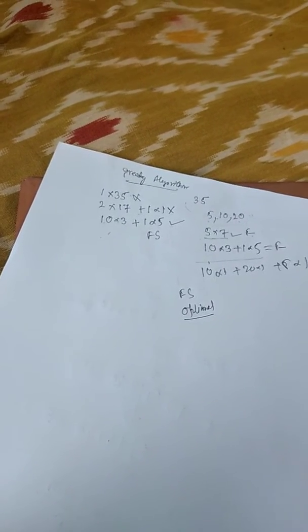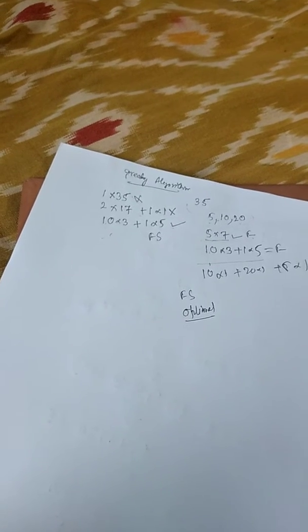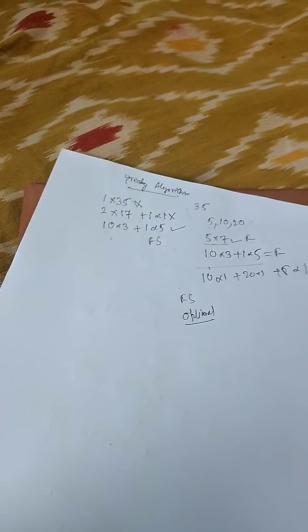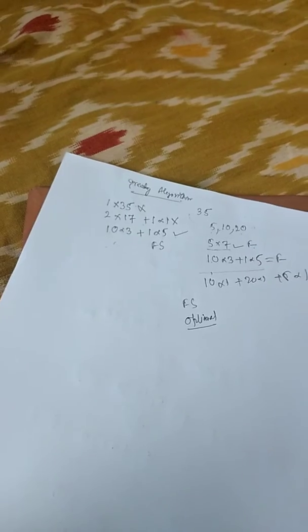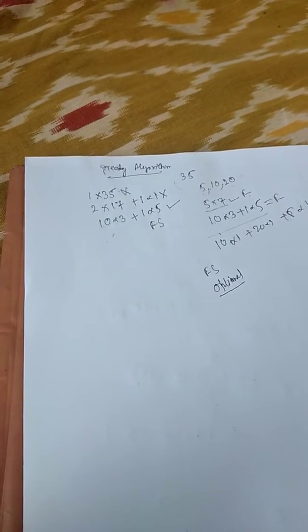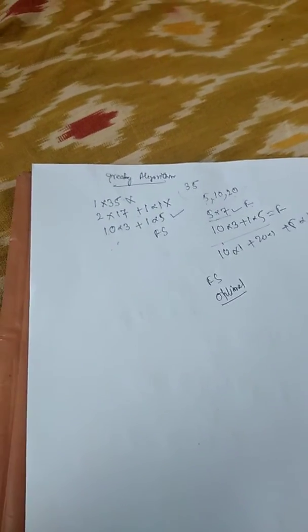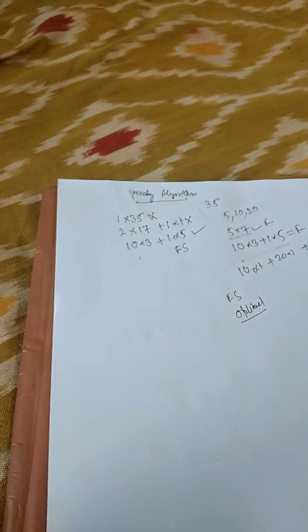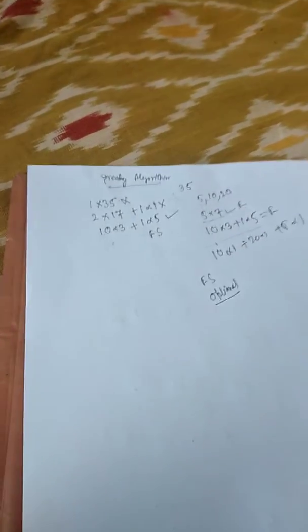So definitely among the feasible solutions, the best one can be the optimal solution. Now we will understand how the greedy algorithm is used to solve this problem. So what is the problem?